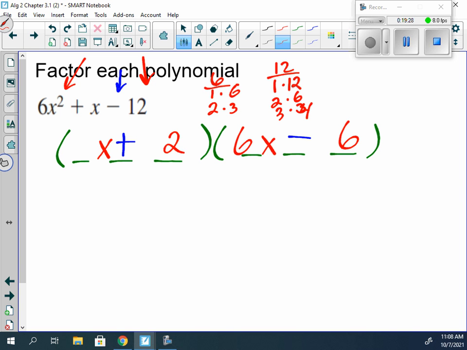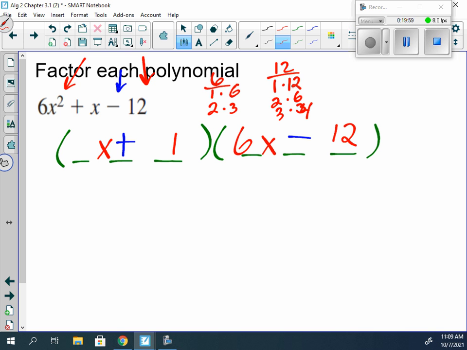I mean, we could switch the 2 and 6. Would that work? Because 6 and 2, do they have a common factor? 2, okay. So that means those don't work. So 1 and 12, yes?